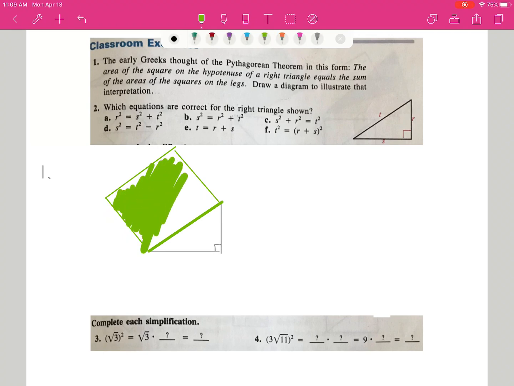So the area of this green square, kind of looks like a rectangle to me, but who's really looking too closely, right? The area of that green square is equal to the sum of the area of this square plus this pink square.